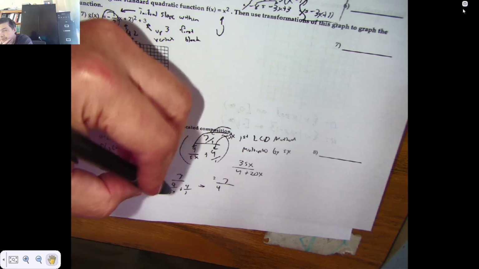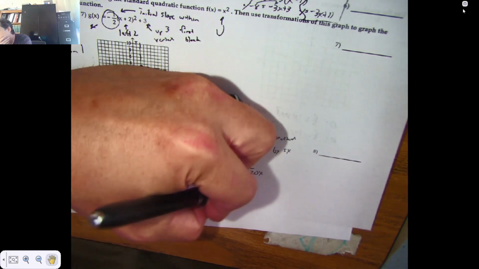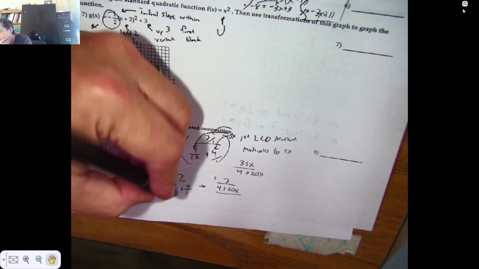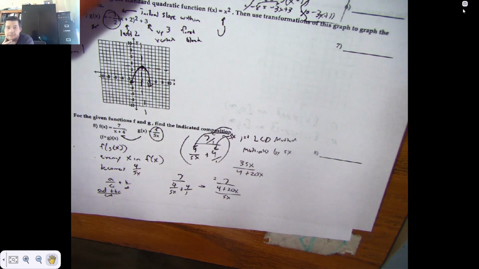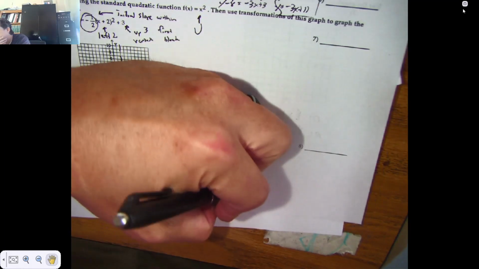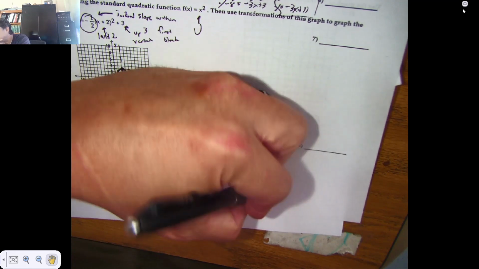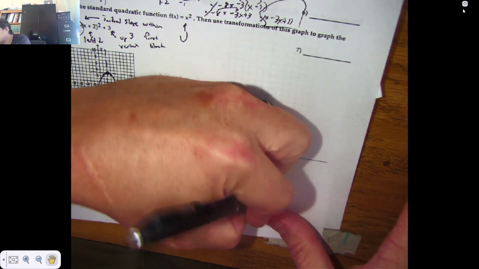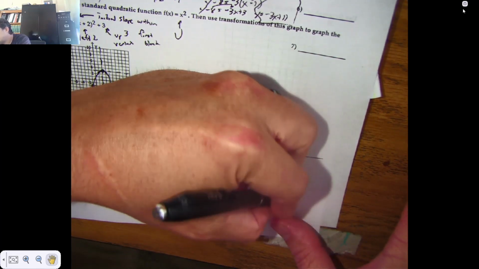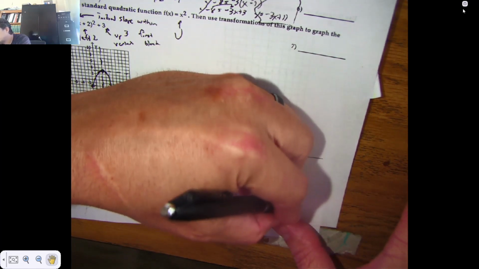I'm going to give this 4 the 5x through multiplication plus 20x. Both pieces sitting over 5x times 1 or 5x. And now I am dividing by a fraction, which is multiplication of the reciprocal. So 7 over 1 times 5x over 4 plus 20x. And ta-da, 35x over 4 plus 20x. You do it however you want to do it. My way up top's way quicker.